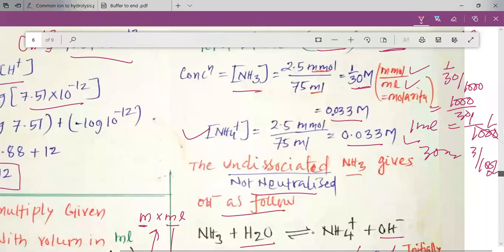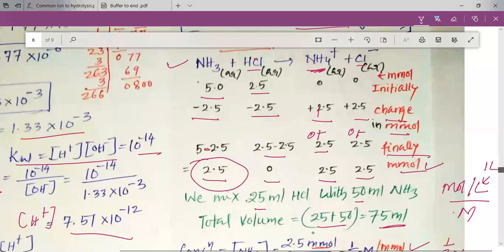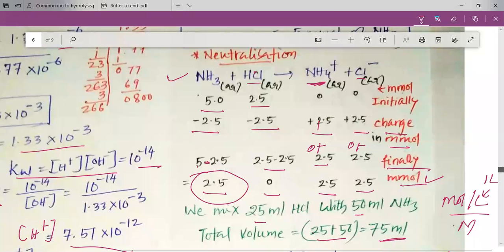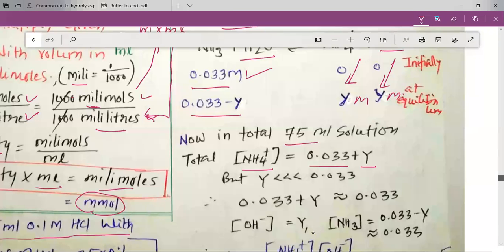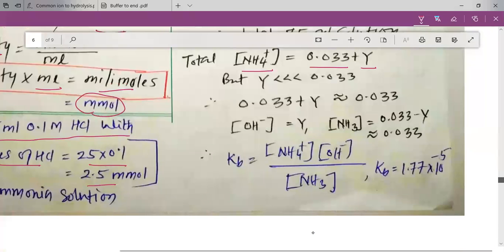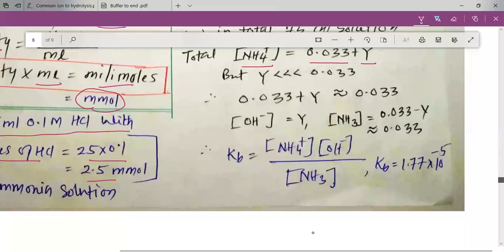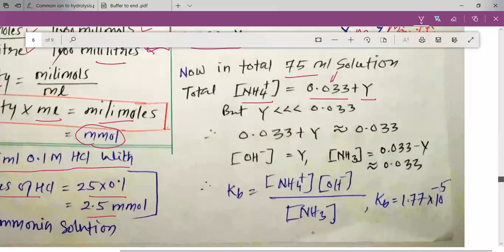Here the NH4 plus is 2.5 millimole, which gives us 0.033 mole per liter, and the new concentration produced by the dissociation is Y mole per liter. So total concentration of NH4 plus is equal to 0.033 plus Y. Dear students, do you understand this?